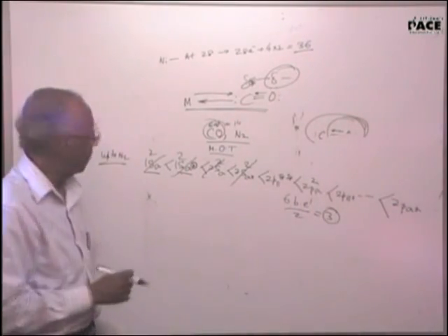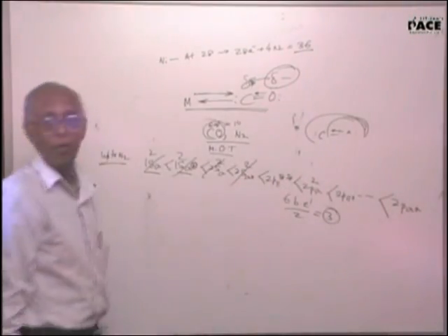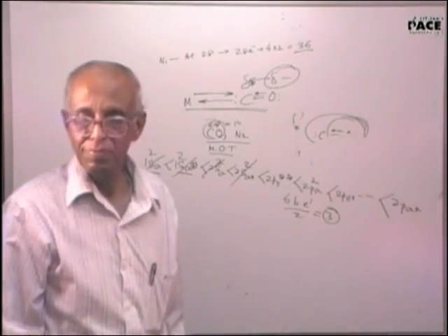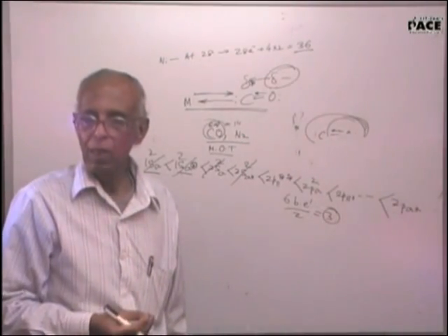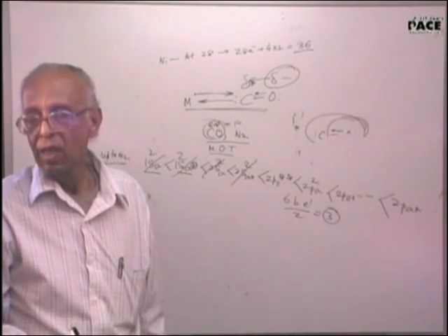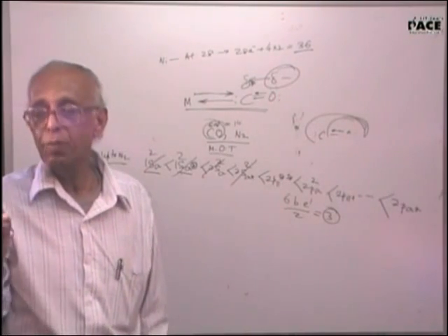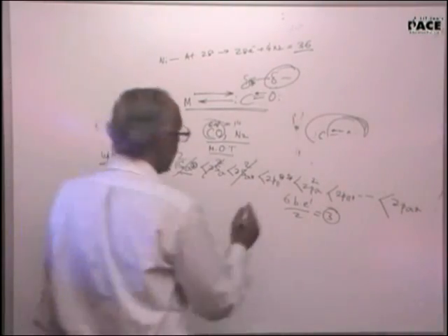Now, if the metal gives the electron to carbon monoxide, where will it enter? It has to enter into the vacant orbital which has the lowest energy, the lowest unoccupied molecular orbital. That is called LUMO.